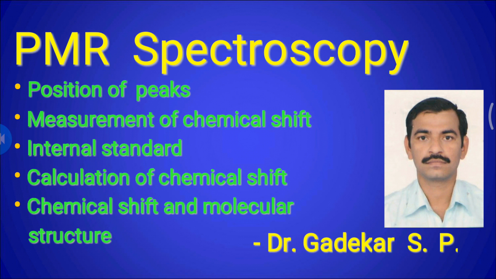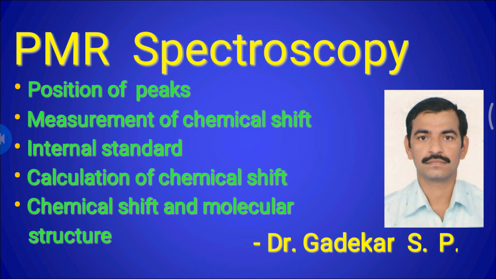This generator is used to supply DC current to produce the electromagnet. Then the radio frequency oscillator, which we use for generation of radio frequency, generally 16 megahertz to 5 megahertz, and then a radio frequency detector, which detects the absorption of radio frequency and records it.